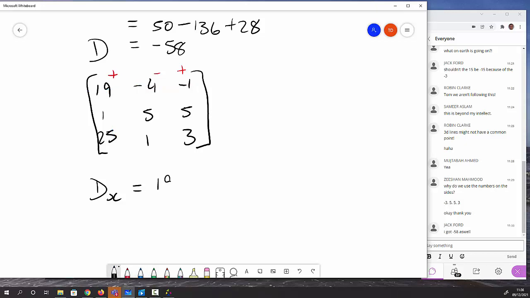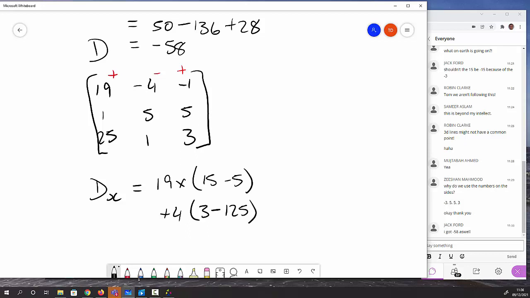So I'm going to get 19 times 5 times 3 is 15 minus 5 times 1 is 5. Then I'm going to go on to this term here. So I've got a minus, but there's already a minus. So this time I'm going to put plus 4 outside, and it's 1 times 3 minus, and I've got 5 times 25, which is minus 125.